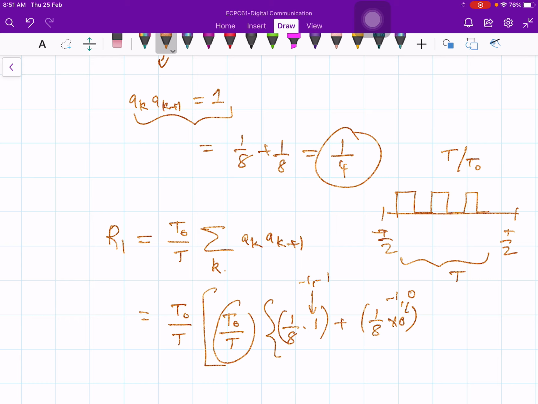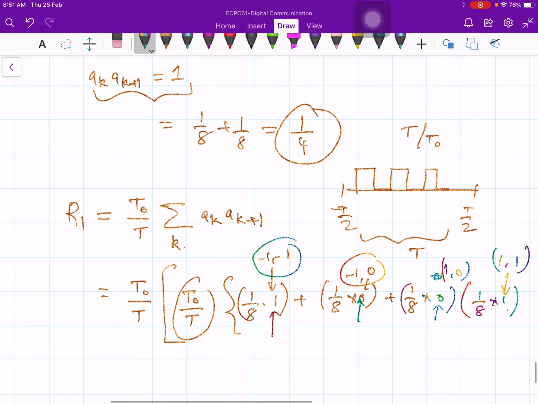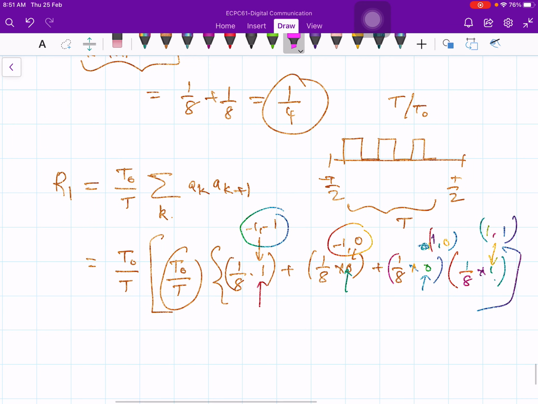Minus 1 times 0 is going to be 0, plus 1 by 8 times of 0, let's say plus 1 comma 0, and then 1 by 8 times of 1, and this comes from 1 comma 1. 1 into 1, 1. 1 times 0, 0. Minus 1 times 0, 0. Minus 1 times minus 1, this one. Okay, and this survives and this guy survives, and these two will vanish.